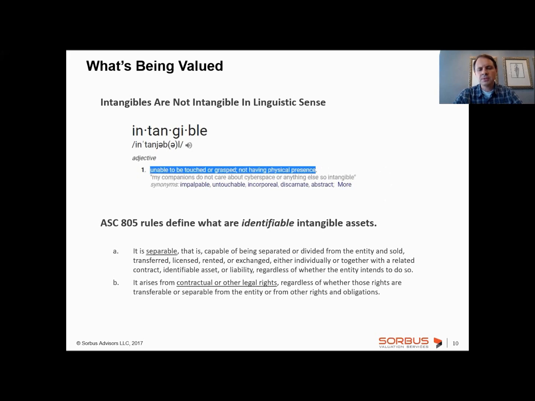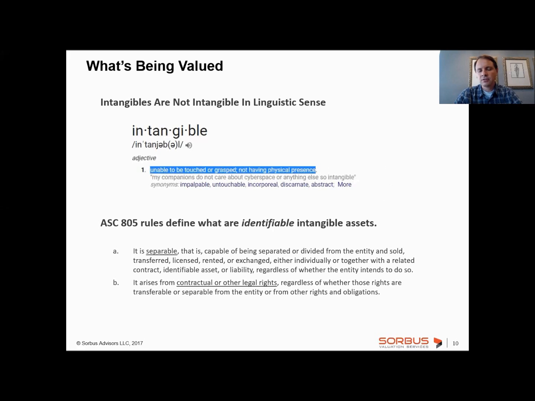Intangible is a really bad adjective for this because when we grow up and take our first lessons from the teacher, we think intangible is something very abstract, something that we're not quite sure what it is, but it seems to be there. But in the context of purchase price allocation, intangible assets are very tangible.